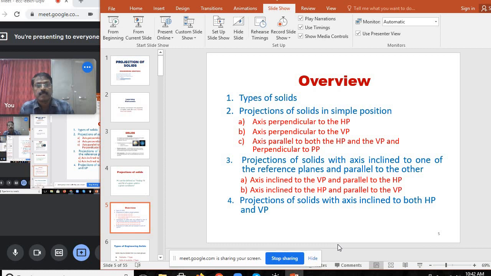The third condition is projections of solids with the axis inclined to one of the reference planes and parallel to the other. So two conditions under this heading: the axis inclined to the vertical plane and parallel to the horizontal plane, and second, the axis inclined to the horizontal plane and parallel to the vertical plane. The fourth condition is the projections of solids with the axis inclined to both HP and VP.